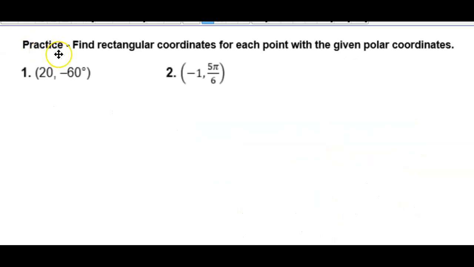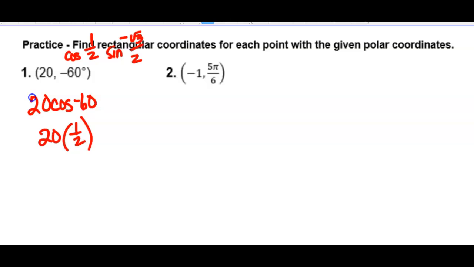So negative 60 has a cosine of 1/2 and a sine of negative square root of 3 over 2. So 20 times the cosine of negative 60 is really 20 times 1/2, or 10 is our x.